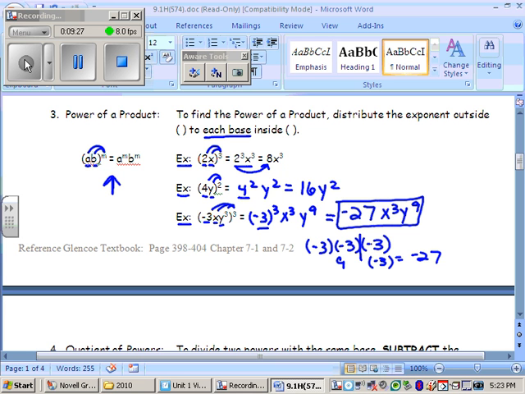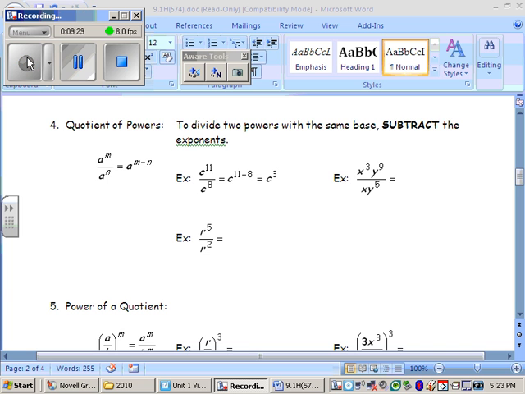Let's now take a look at the fourth property of exponents. The next property is quotient of powers. Quotient means divide. So it says to divide 2 powers with the same base, this time we will subtract the exponents.